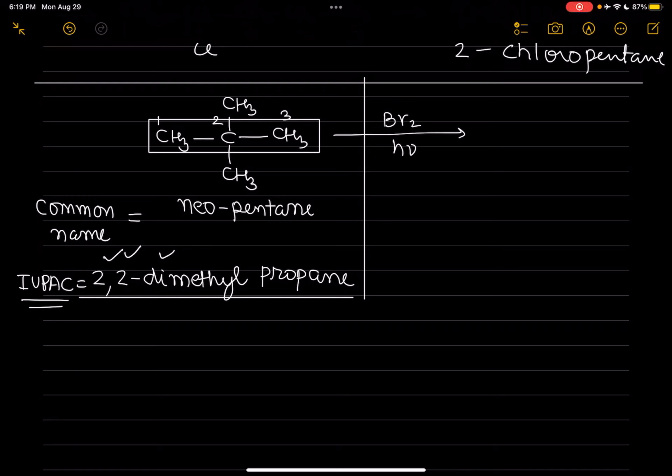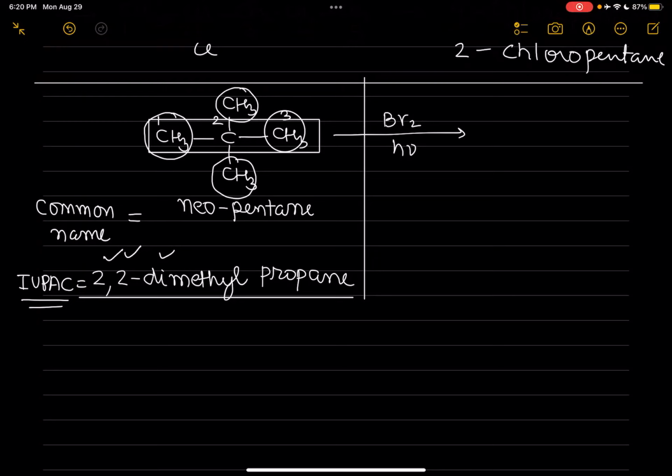Correct. Because either this one or this one, all four are the same. There is no difference because they are connected only to one carbon. So you can put it anywhere.